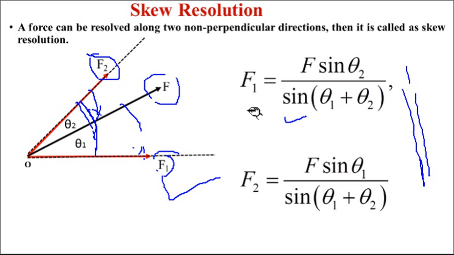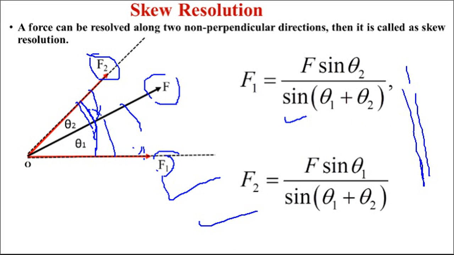When I want F1, I take the force and angle theta 2. When I want F2, I take F and this angle theta 1. The denominator is the same, sine of theta 1 plus theta 2. It is a very simple equation. Everybody should know it so that you can directly find the required components.